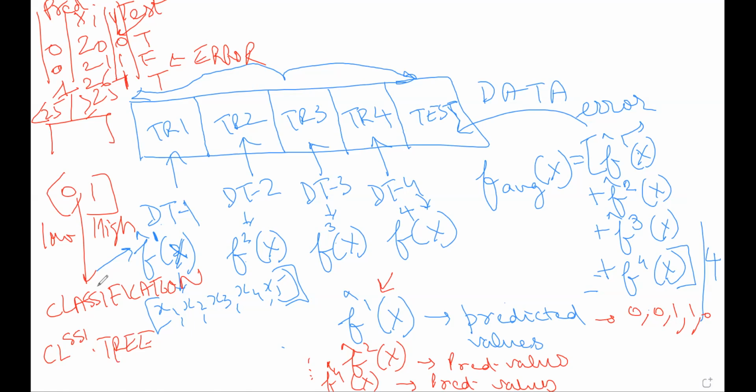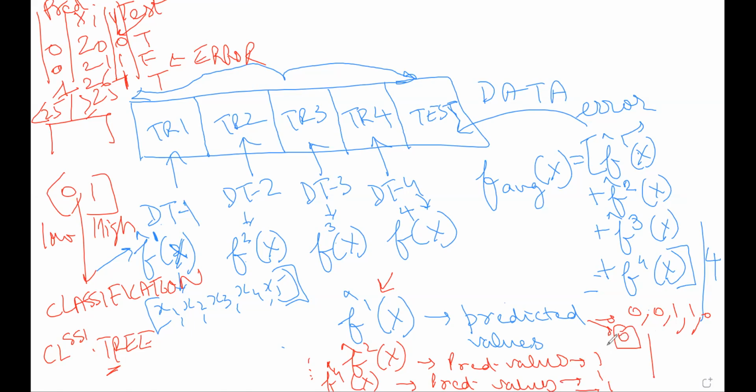For the first row, the first tree predicts 0. The second says 1. The third says 1. And the fourth says 1. What is your prediction? One says 0 and the other three decision trees say 1, 1, 1 on the four parts of the training data.